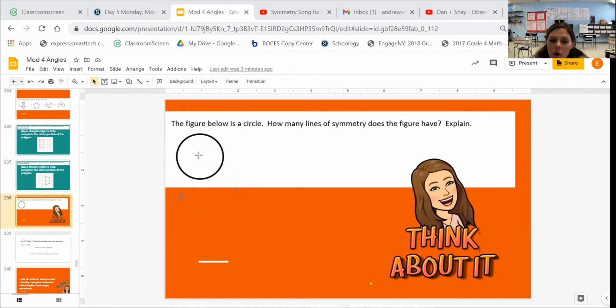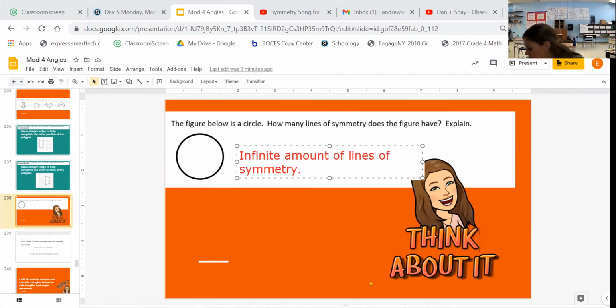So you have to go through that center point right in the middle of the circle, but you wouldn't even be able to count them all up. There would be an infinite amount of lines of symmetry. You couldn't even count them, friends. It would go to infinity and beyond. But you have to make sure you're going through that center point, okay?